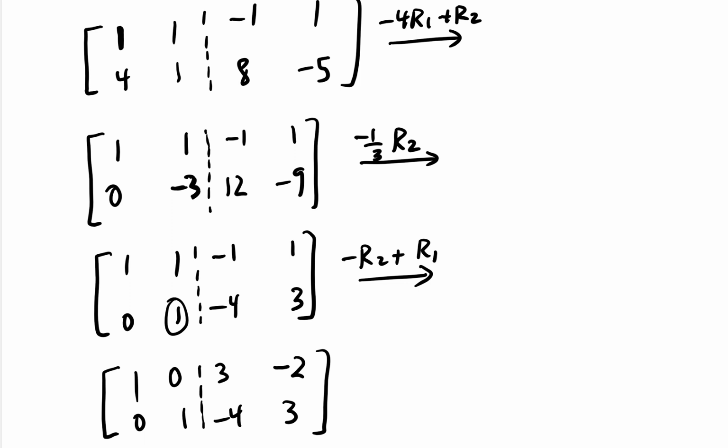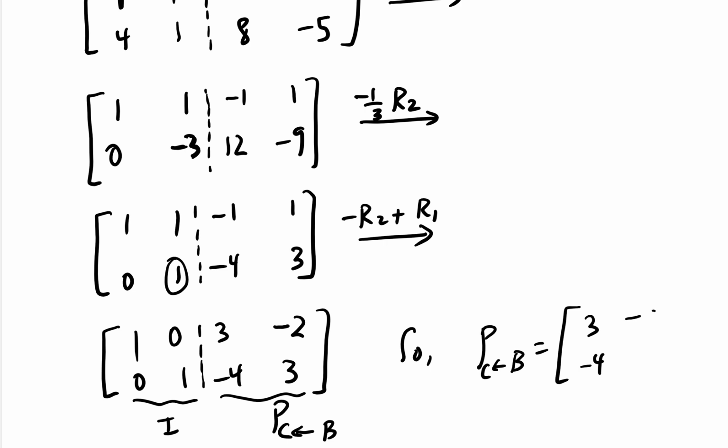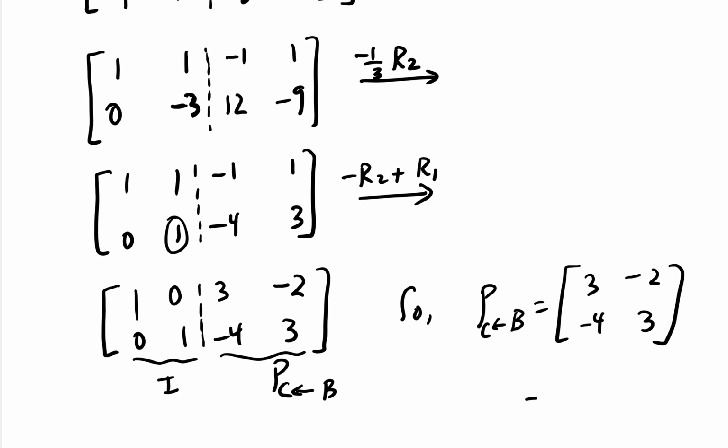So now from here, this is our identity matrix, and this is the P that transforms B to C. So we get that from B to C is 3, negative 4, negative 4, 3. Which we can write, if you like, B1 to C, B2 to C.